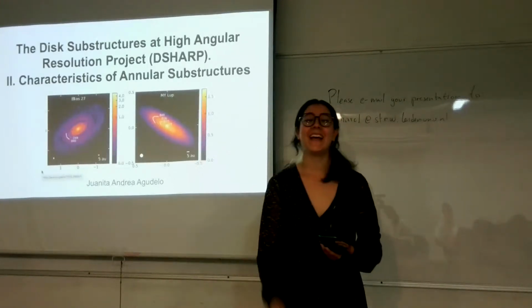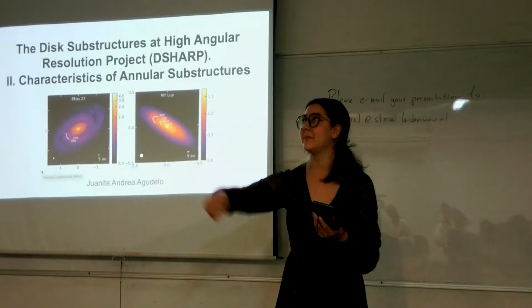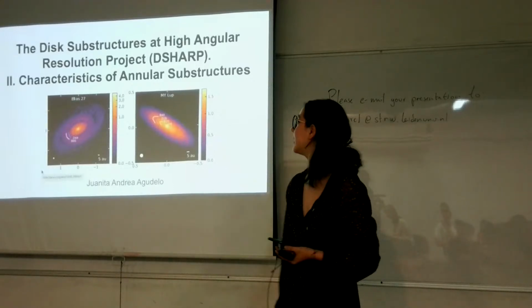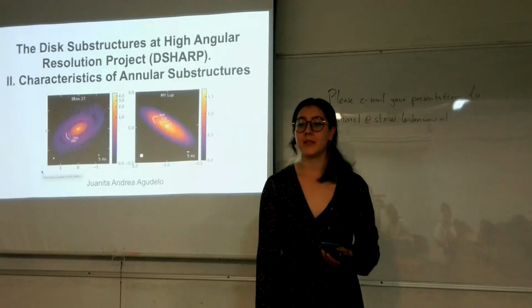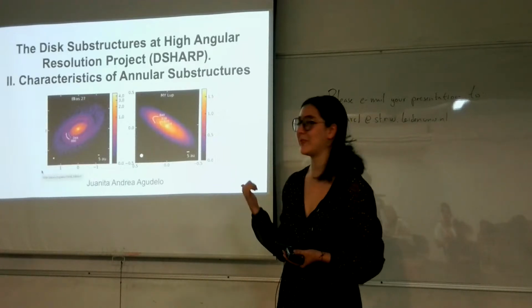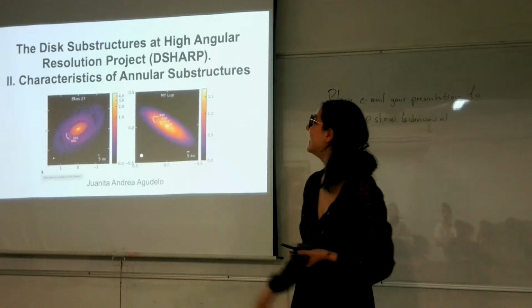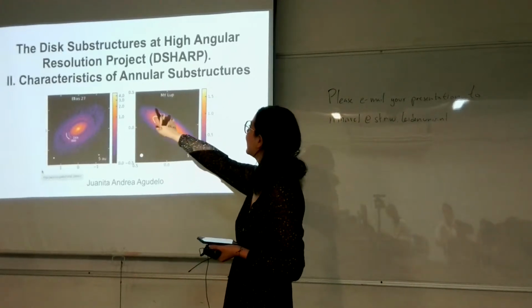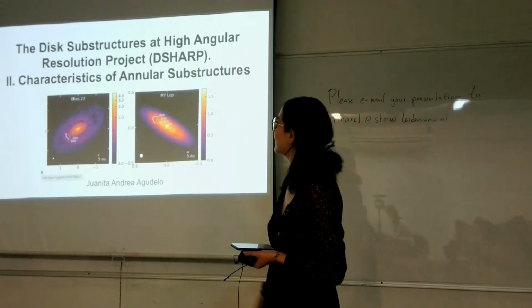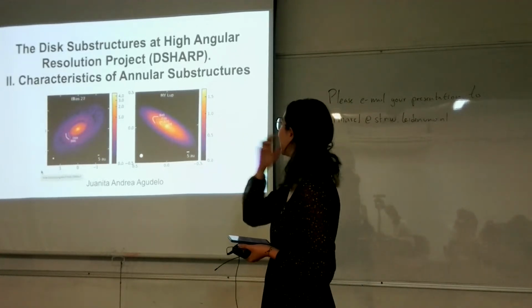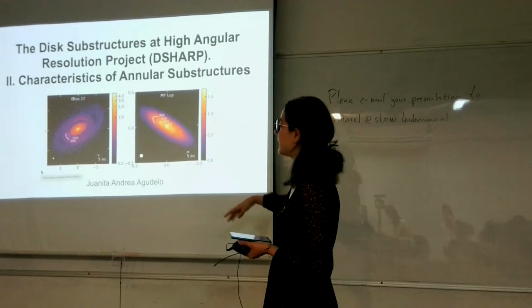Hi everyone, I'm Juanita. The paper that Professor Stan chose for me, because I'm taking a class, was about the big substructure, a high angular resolution project, and characteristics of angular substructure.